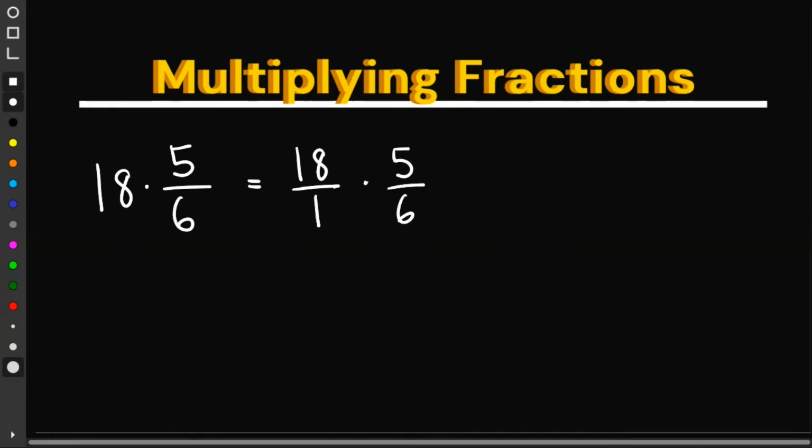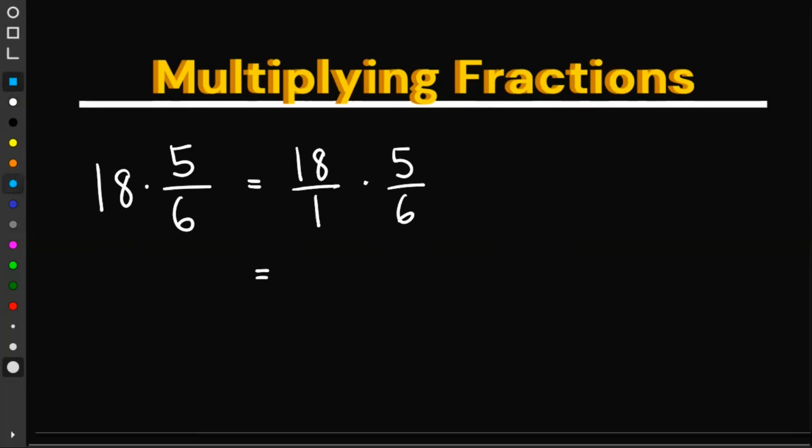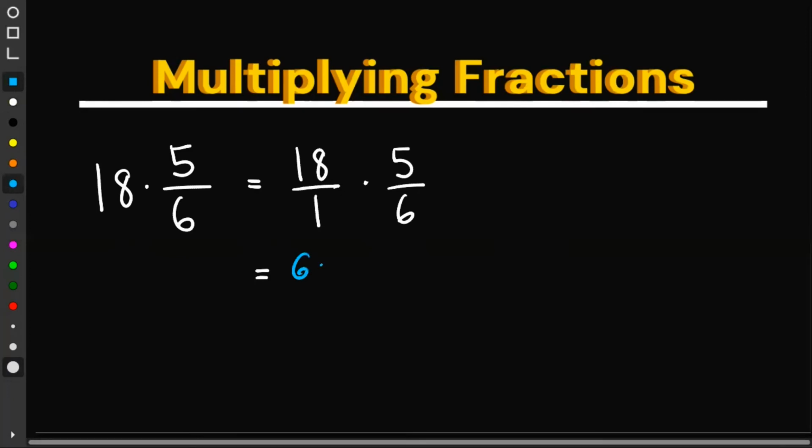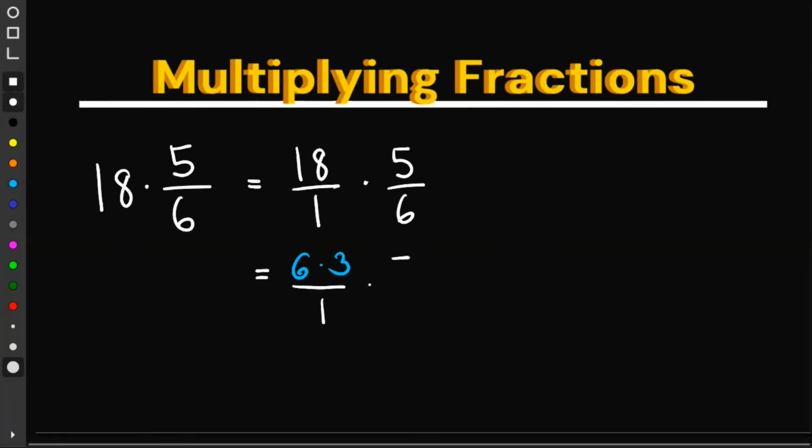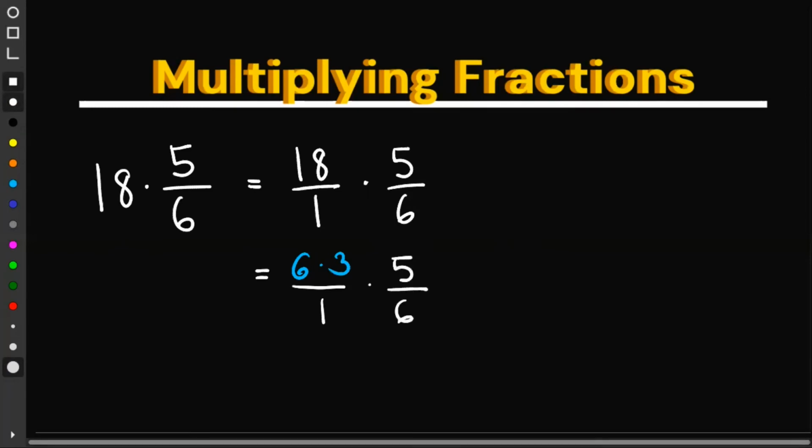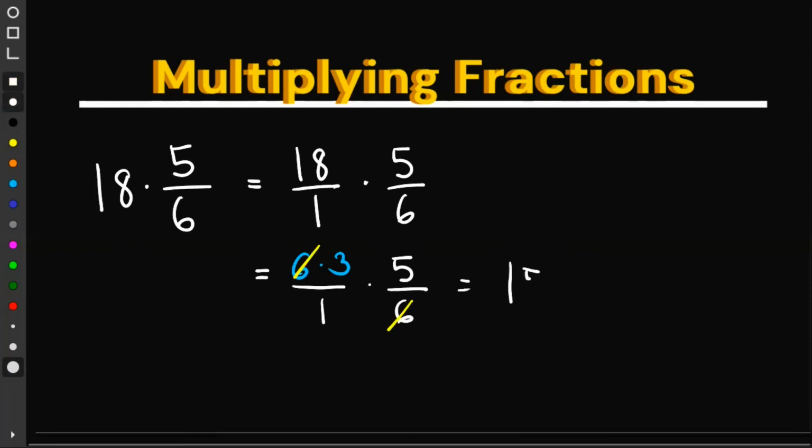So we have converted the whole number into a fraction. So again, we can write 18 as 6 times 3, over 1 times 5 over 6. So we can cancel out the 6 here, leaving us with 3 times 5 or 15.